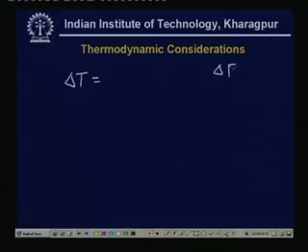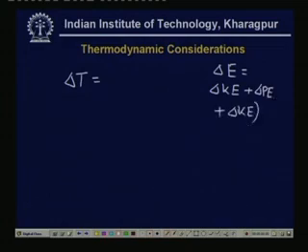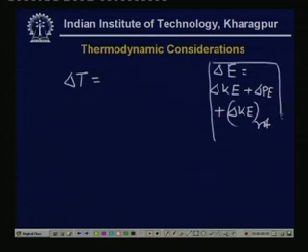We have calculated that the total energy is equal to the change in kinetic energy of the translating part plus the change in potential energy plus the change in kinetic energy for the rotating part. That we discussed in the last class. So, this is the total energy which is to be dissipated, delta E.